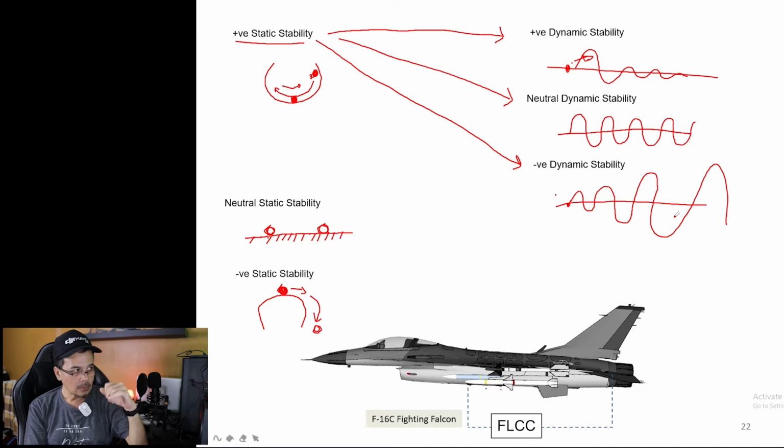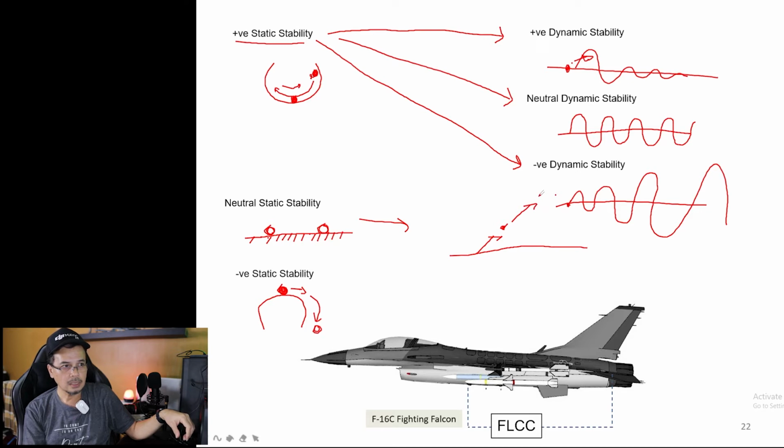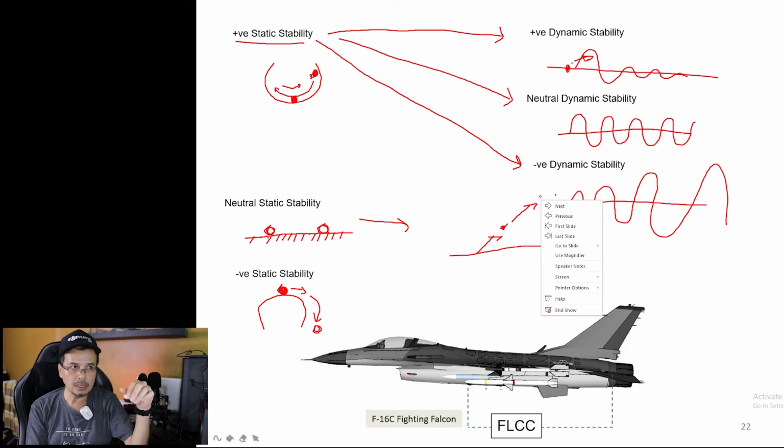Alright. So when we say neutral static stability, once it moves to one side, it will stay there. If we move it to the other side, it will stay there. So there is no effect in terms of oscillation, whether positively dynamic, neutrally dynamic or negatively dynamic.